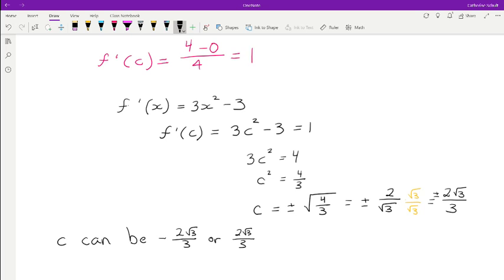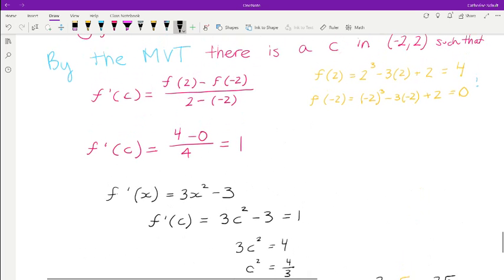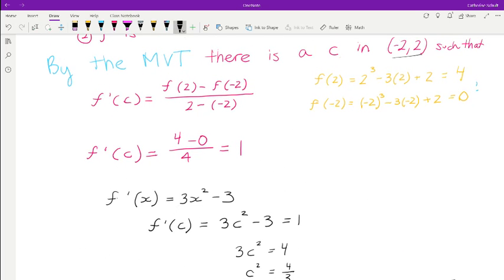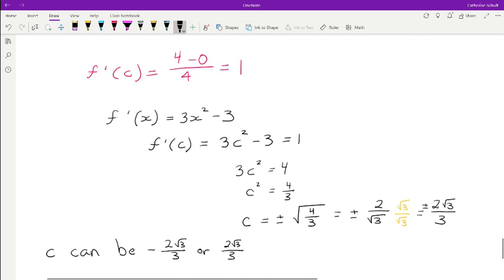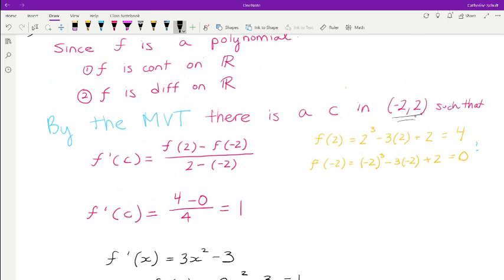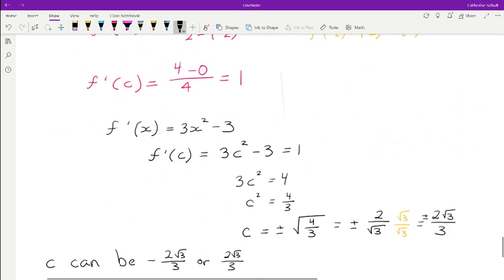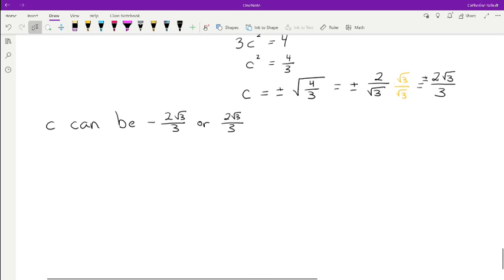We have to think of one other thing. And remember, we want the c to be in negative 2 to 2. So we can probably do that in our calculator. But let's see, this is going to be like 2 divided by 1 point something, right? So it's definitely going to fall in this range, positive and negative. And you can verify that on your calculator as well.